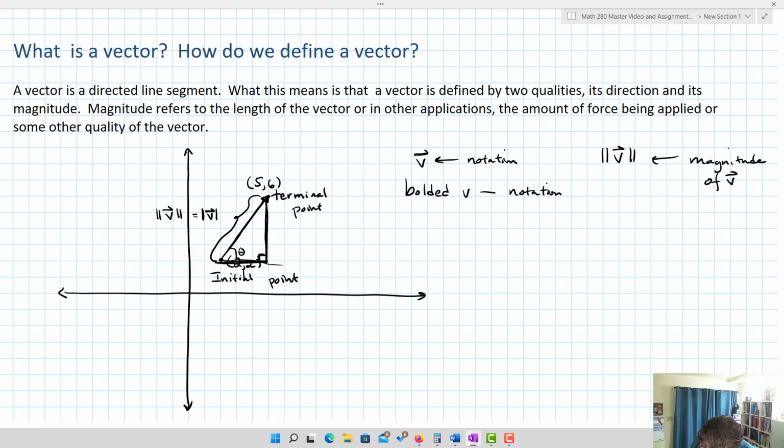The length down here is 3. That's the length on the x-axis, and the length on the y-axis is going to end up being 4. That's 3 and 4. And so the distance, my magnitude of v, which is that length, is going to equal the square root of 3 squared plus 4 squared.